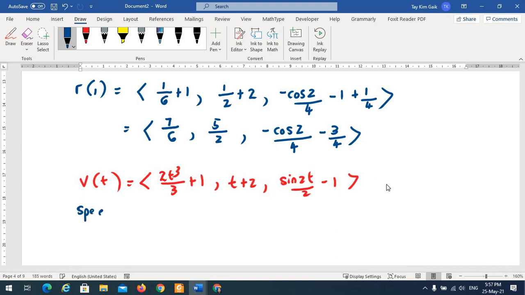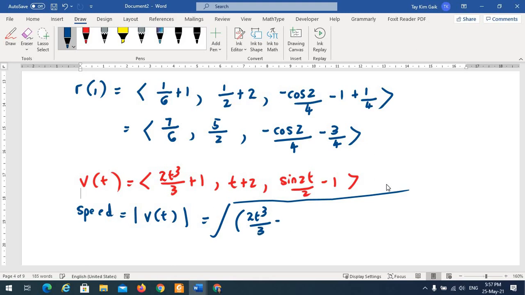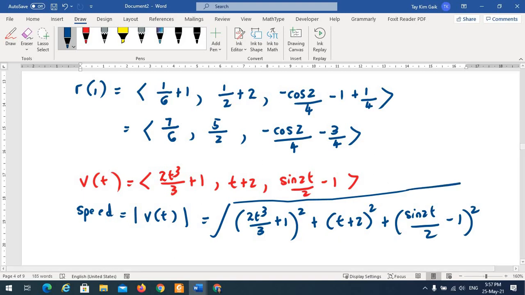Speed is actually the magnitude of v(t). So that means the magnitude of a vector. We have a square root, square each component and sum it up. So you will have to square this thing, 2t cubed plus 3 plus 1, squared, plus t plus 2, squared, plus sin 2t over 2 minus 1, squared. So this is the speed.